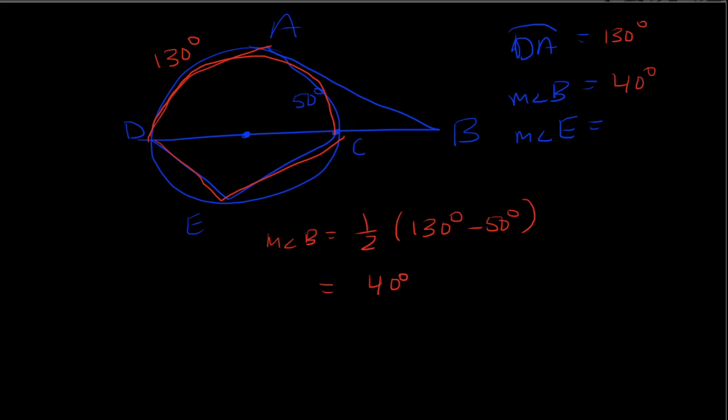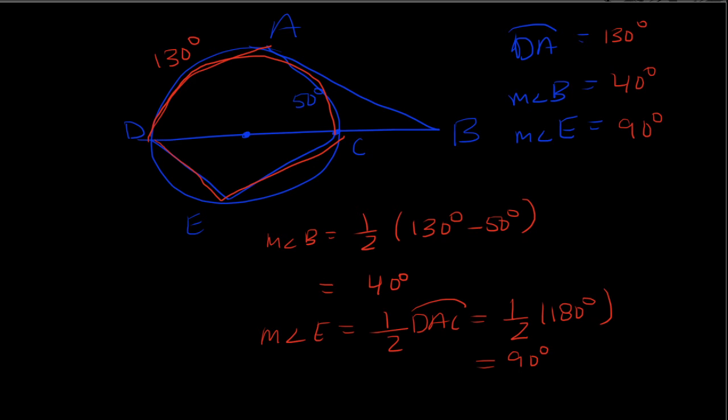DAC is half of the circle. So measure angle E is going to be half of the arc DAC, which we said is 180 degrees. So that would just be 90 degrees. So this thing is a right angle.